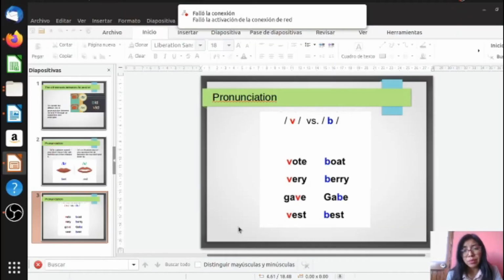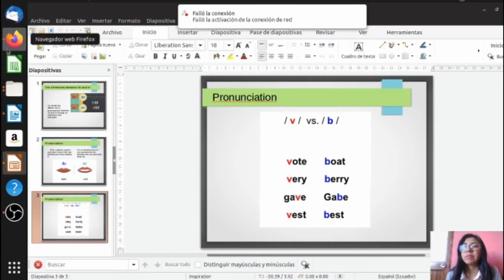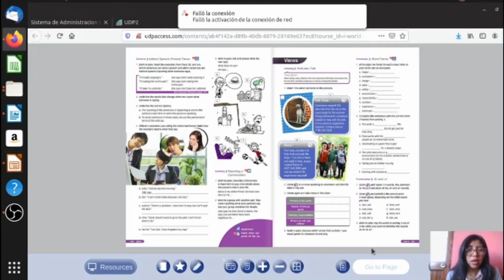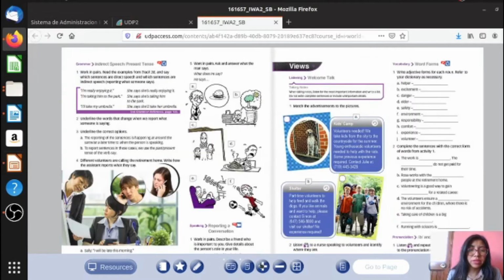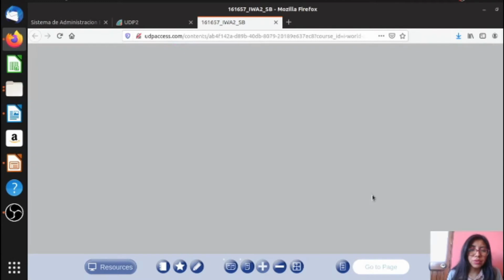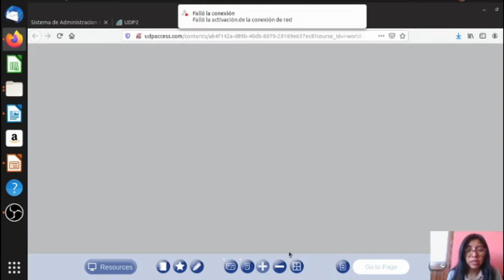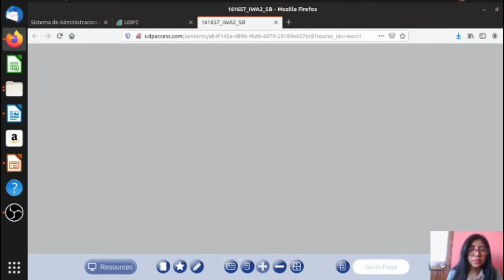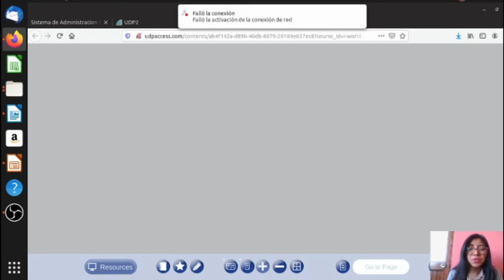We are going to practice in order to understand better. You are going to open your books on page number 45. You are going to go to the pronunciation part. And we are going to do exercise number 1 and exercise number 2.